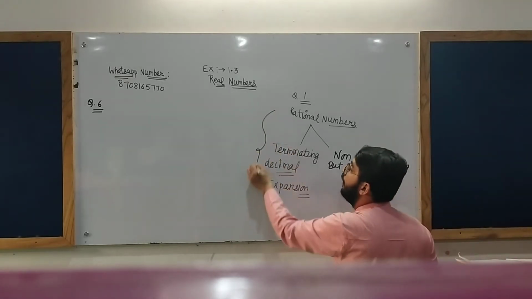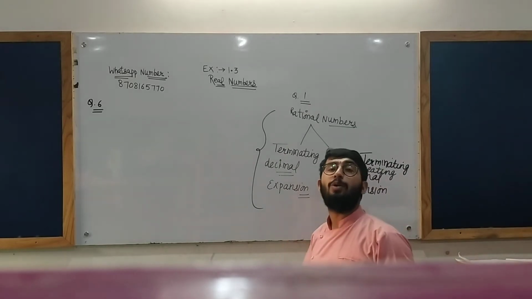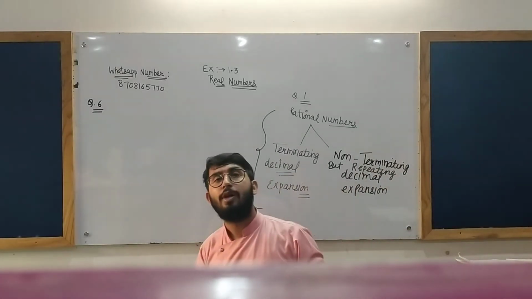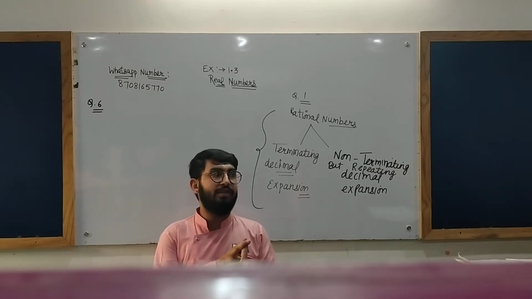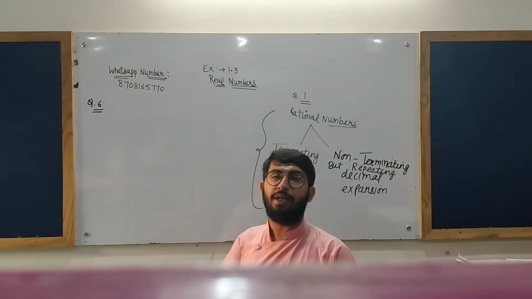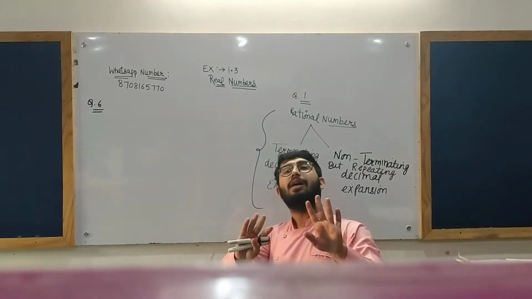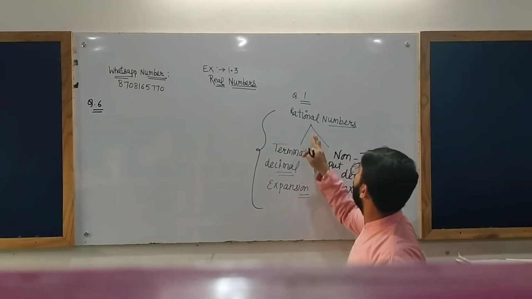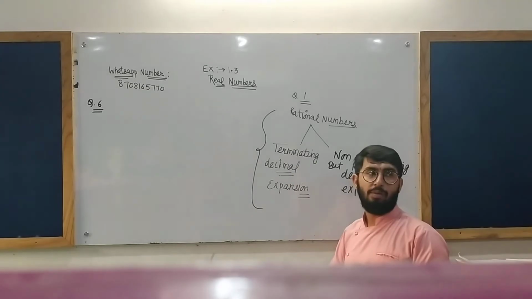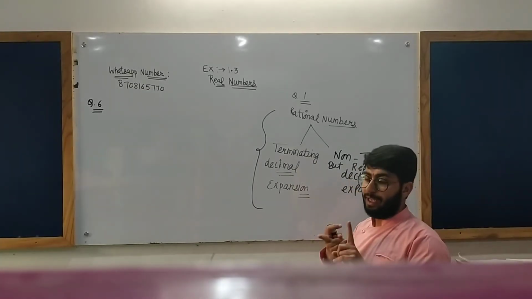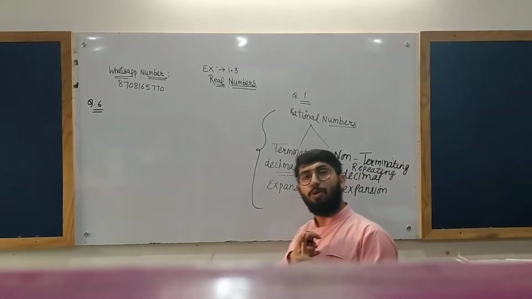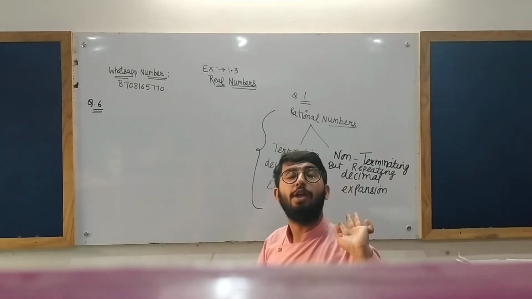We have already learned these two things about rational numbers in decimal form. Either the decimal expansion is terminating, or if it is not terminating, then it will be repeating, and then also the number is a rational number.